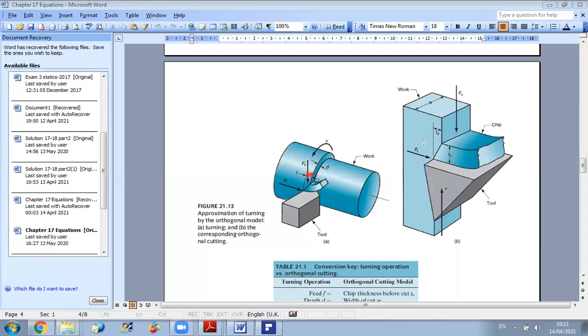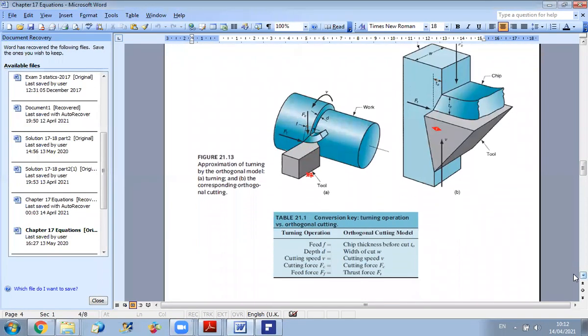In comparison with this figure, you can see that the feed f corresponds to the thickness of the chip before the cutting operation. So by analogy, if you want to extend the formulas used in the 2D model to the turning operation, then T0 will correspond in your turning operation to the feed f.